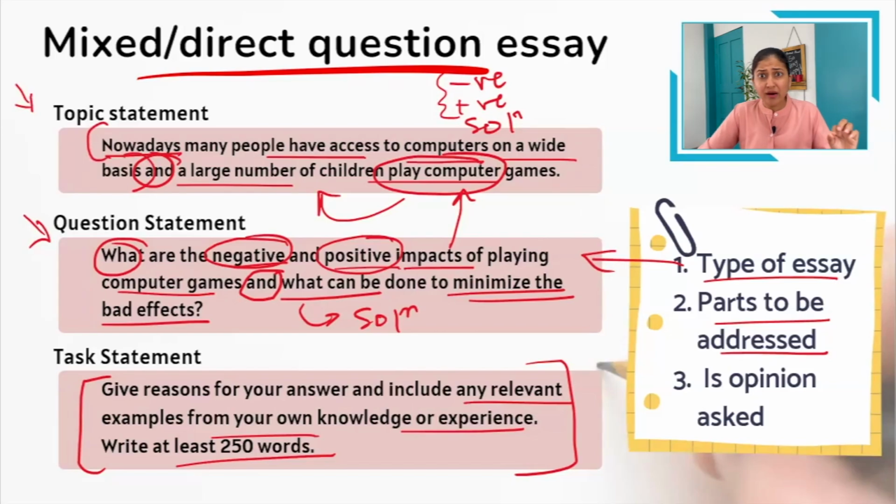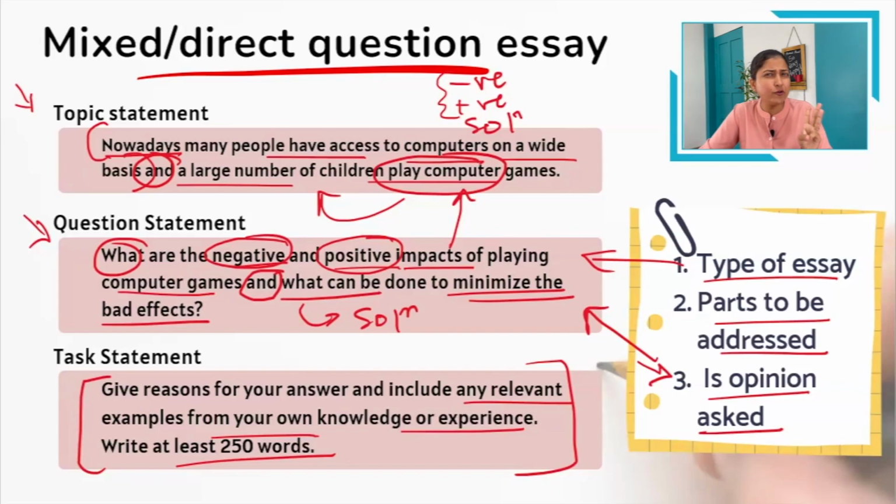Okay. Now, quickly, the last point that we have to keep in mind, which is opinion asked? Once again, for this, we have to look at the question statement. Look at it and tell me, is it asking for your opinion? Is it or is it not? Well, it's asking for what are the negative impacts, what are the positive impacts, plus it's asking for what can be done to minimize the bad effect, means the solutions.